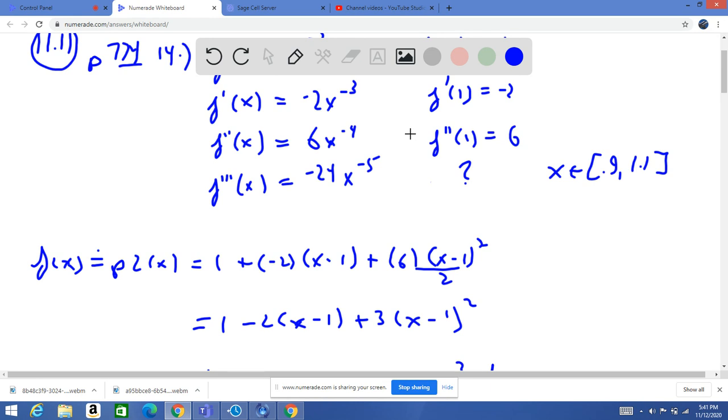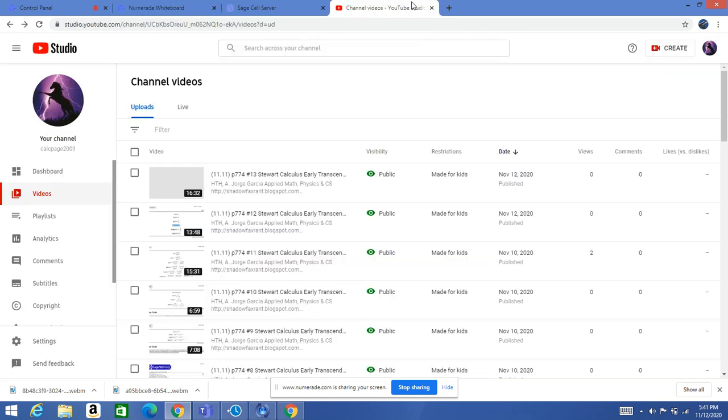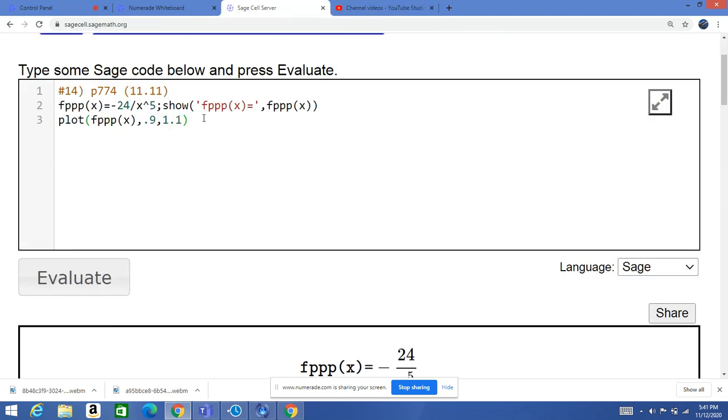So if we graph our P2 and our f of x, f of x is x to the negative 2, or 1 over x squared. Let's show that, just for fun.